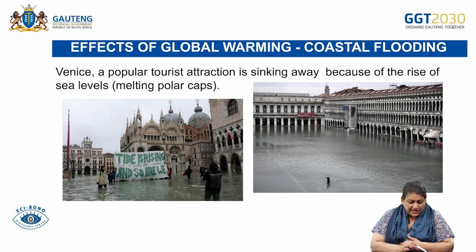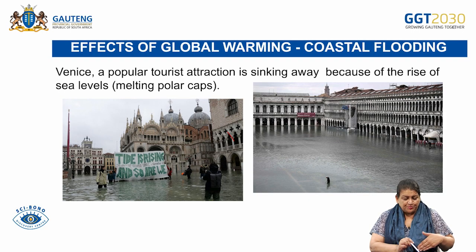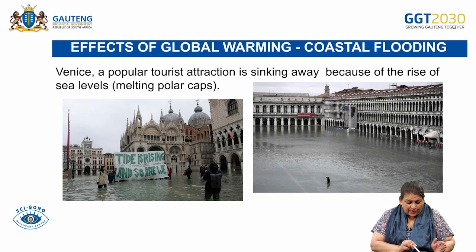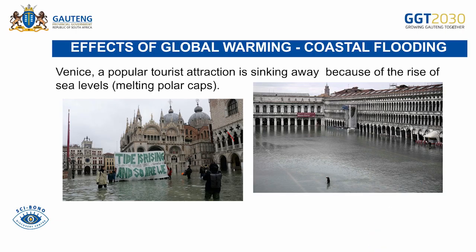So Venice is a city which has water, so people have to move through the water. So the sea levels are rising, so the tide is rising and so are we. They have to walk above that sea level to get to their places of work and homes. Here you can see how Venice is now a city floating on water.